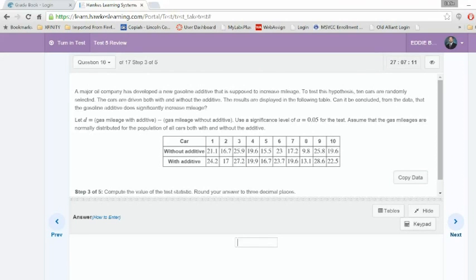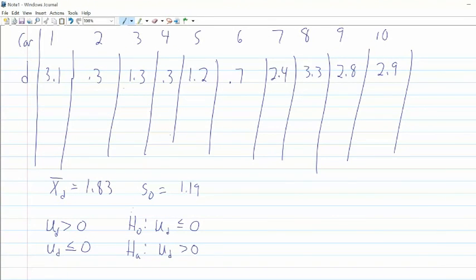Step 3 is to find the test statistic. And for the test statistic, remember, our sample was of 10 cars, and we were not told it was normally distributed. So this is a T distribution. Our formula that we use is going to be the change in our sample minus the change in our population, over the sample standard deviation divided by the square root of n.